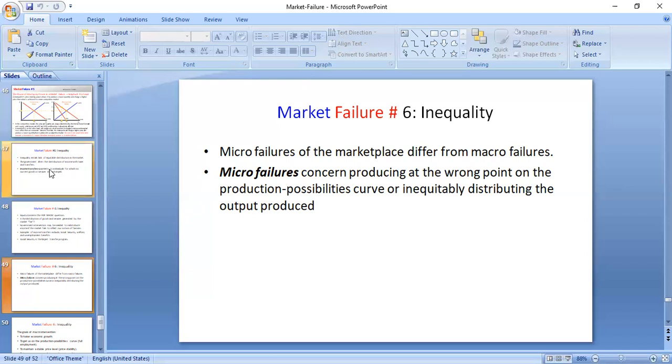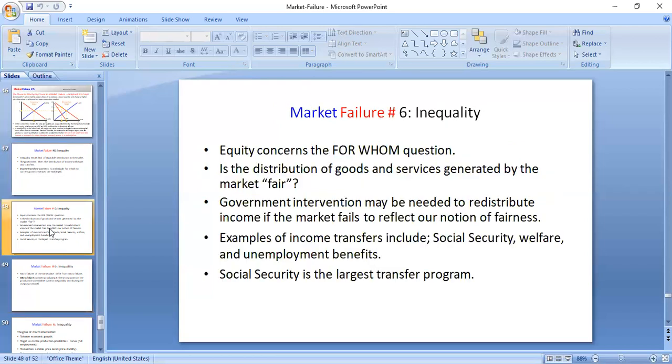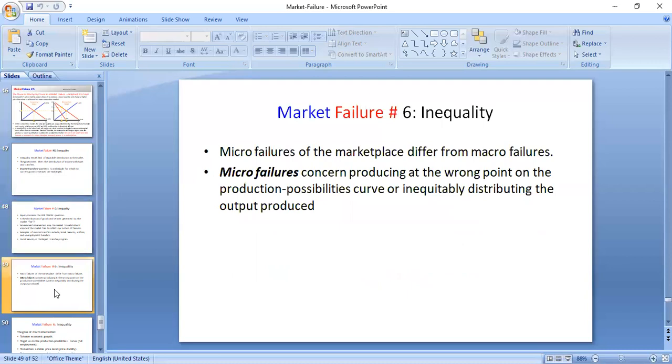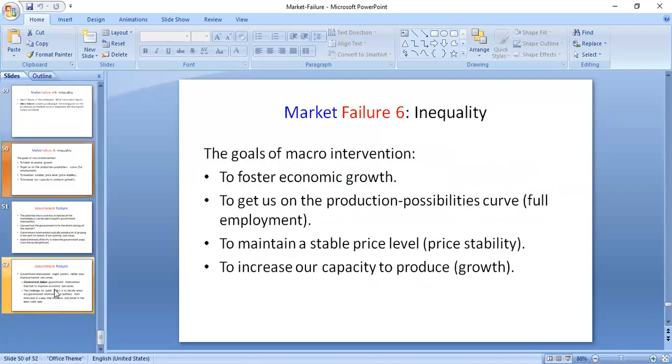However, even the government, in its endeavors to deal with the micro market failures, might also fail. Basically, the government coming in to curb the micro market failures has goals of fostering economic growth, of getting us on the production possibility curve and bringing about full employment. It also aims at maintaining a stable price level.